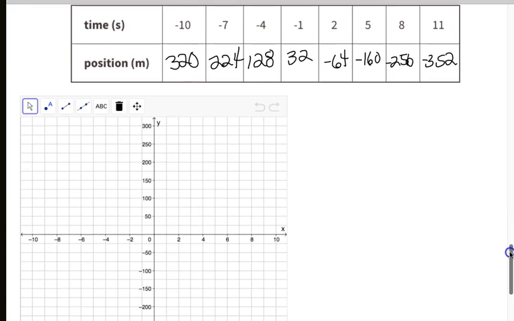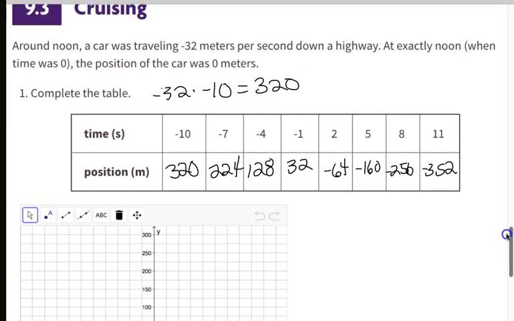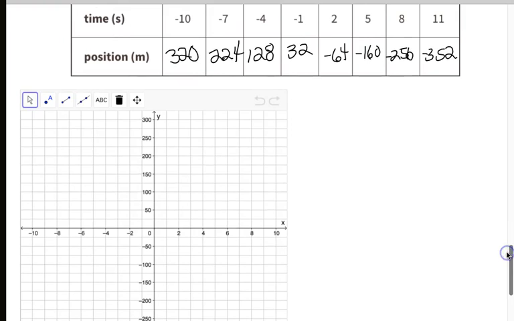So if I were to plot this one, we could see that when it goes in front of the camera, or at exactly noon, it's at 0 meters. So I know 0, 0 is 1 point on the graph. Then I can plot these. This is my time and my position.